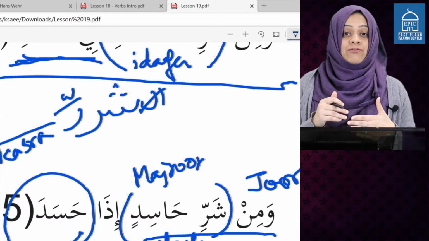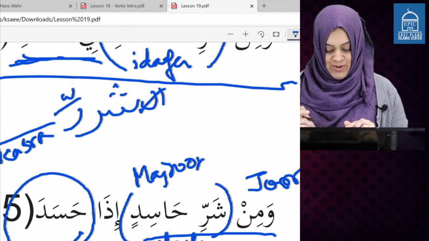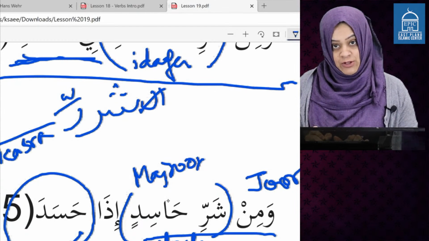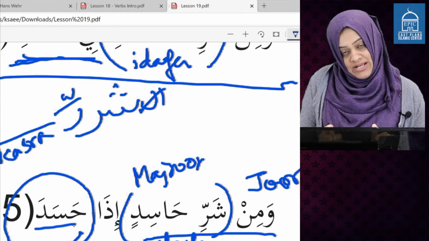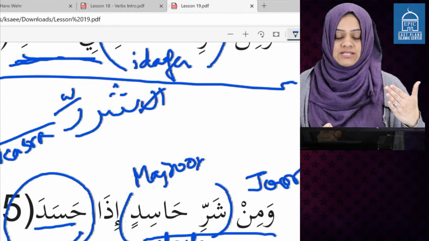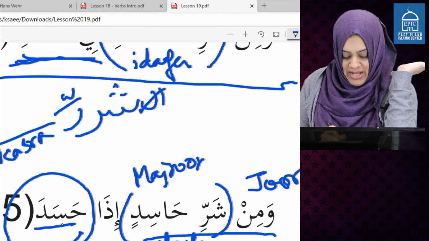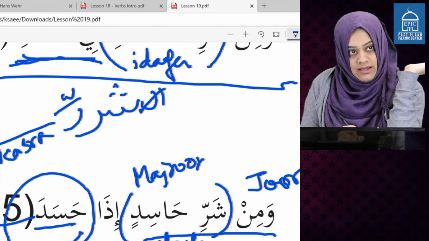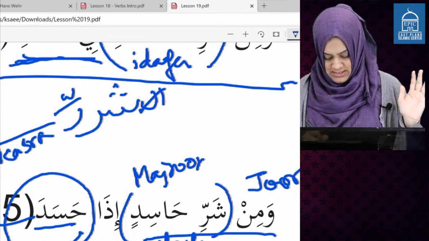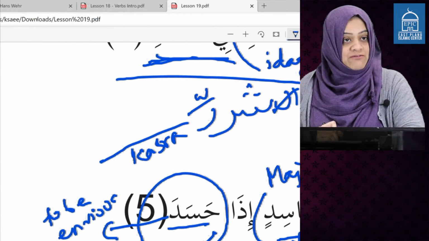And from the evil of the jealous person, of the one who envies, right? So from the evil of the jealous person when hasada is what? To be envious. When he is envious. Where did I get my 'he' from? Okay, hasada, if I go to the dictionary, it means to be envious, right?